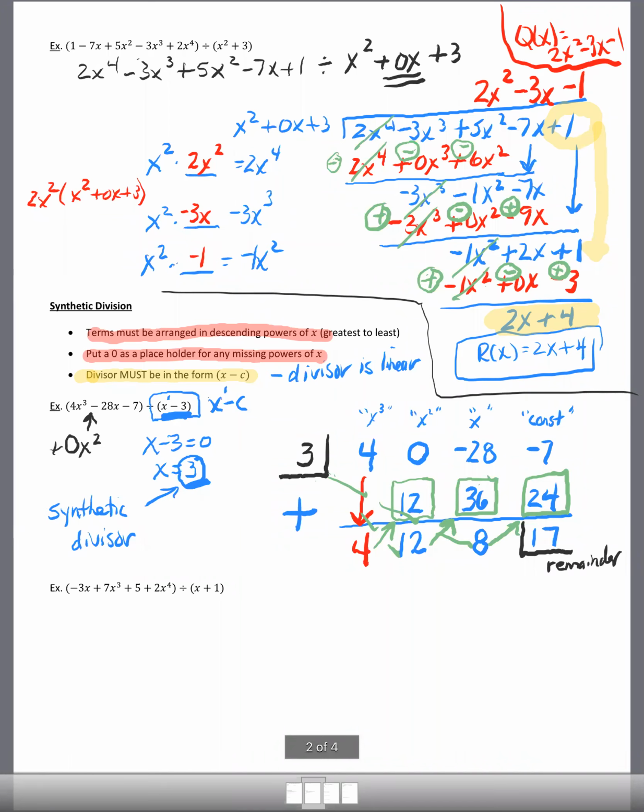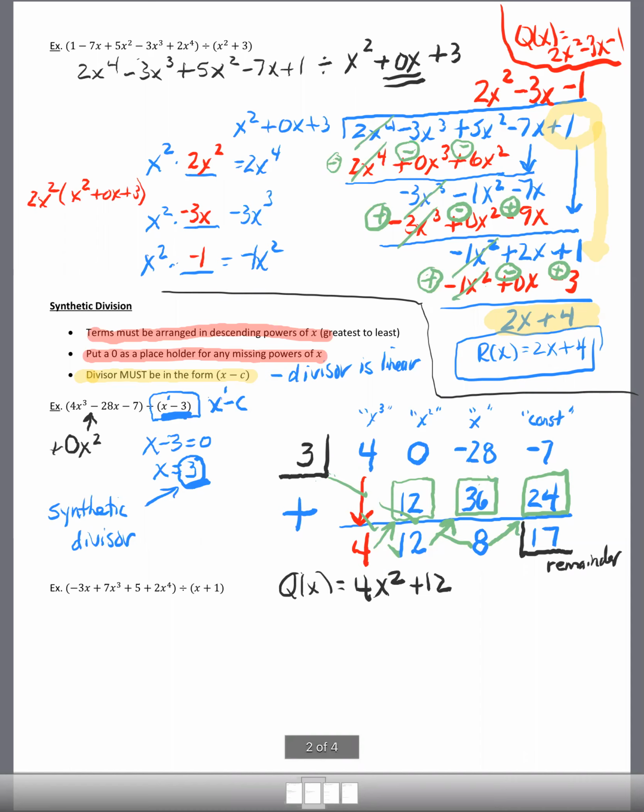What's also kind of cool is that your quotient is down at the bottom of this problem, and the quotient is now written out to be q of x. This 4 is now 1 power less than what you started, so this will be 4x squared instead of 4x cubed, plus a 12.